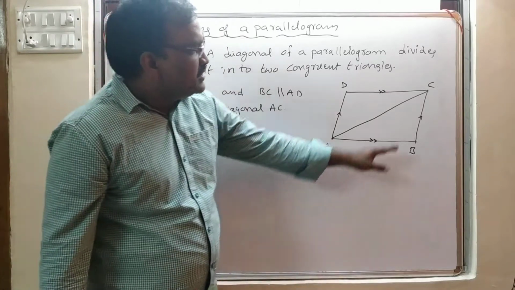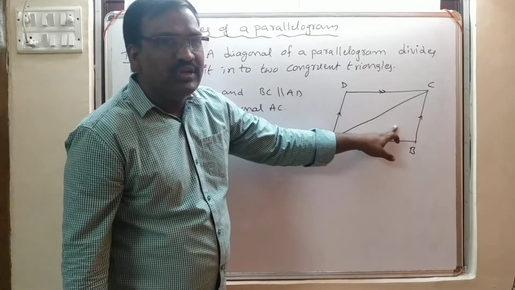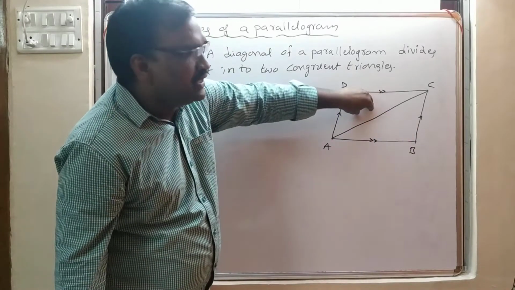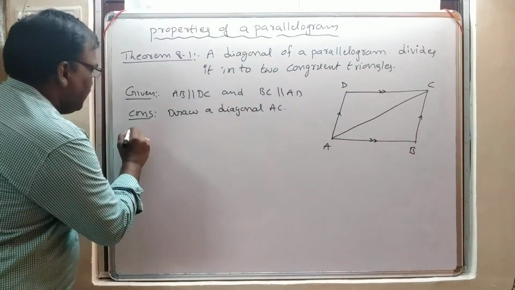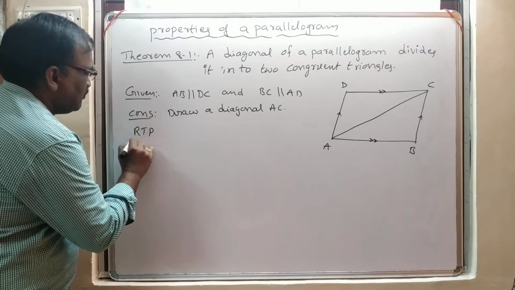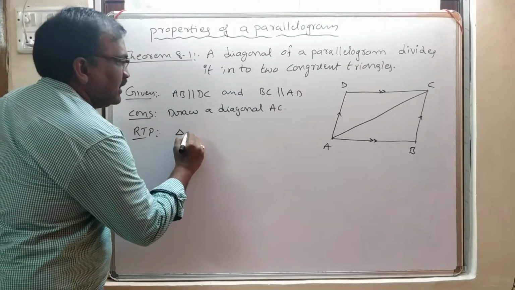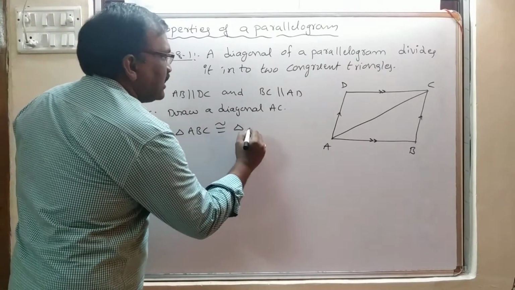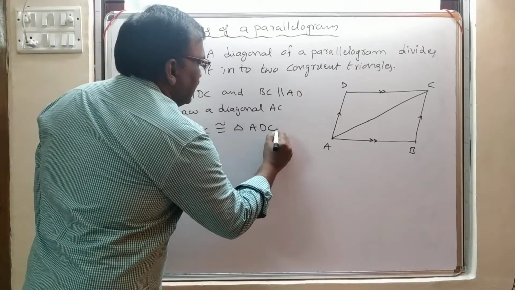So this divides it into two triangles. So what you have to prove? This triangle is congruent to this triangle. So now RTP is triangle ABC is congruent to triangle ADC.